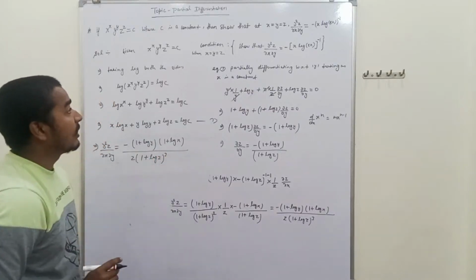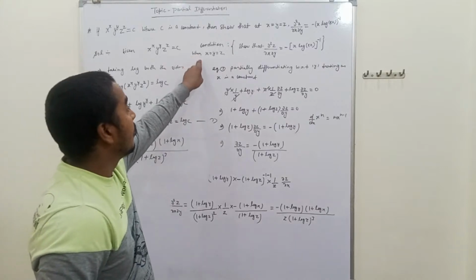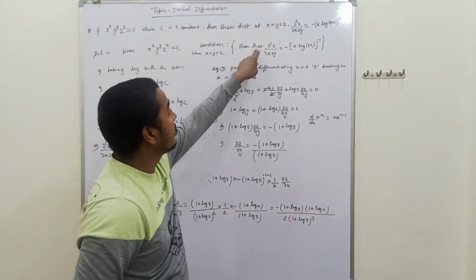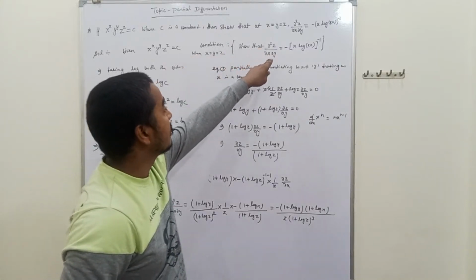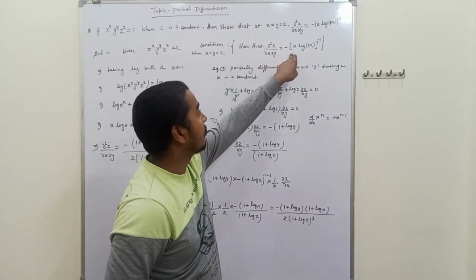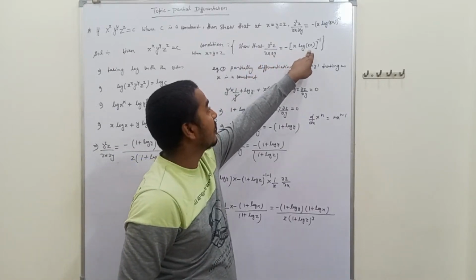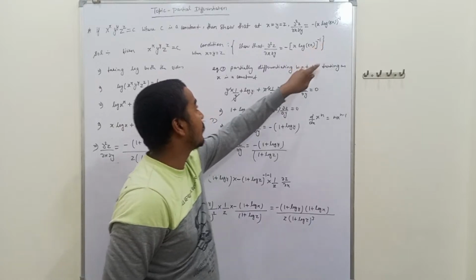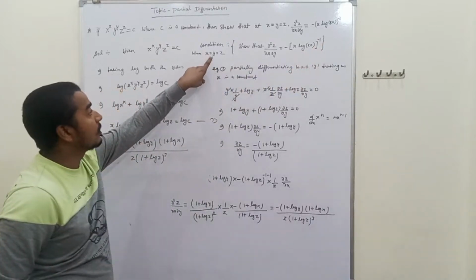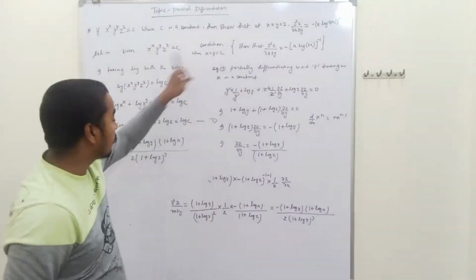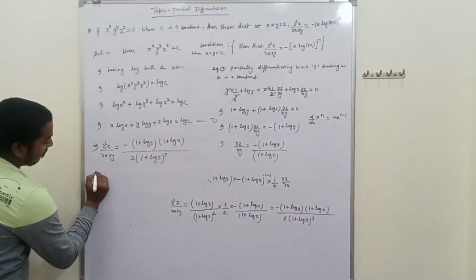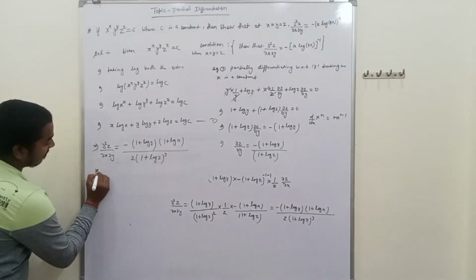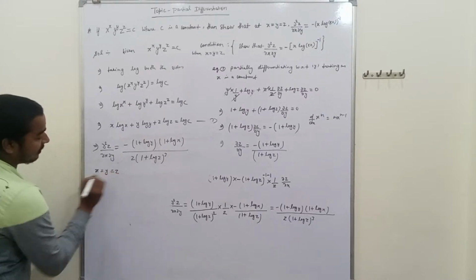In the given question, the condition is given that we have to show that del 2z upon del x del y is equal to minus of x log e x to the power minus 1 when x is equal to y is equal to z. So we put the condition x is equal to y is equal to z.